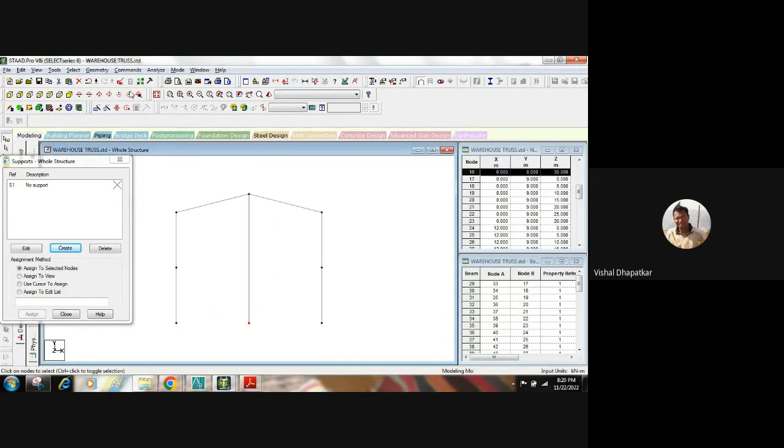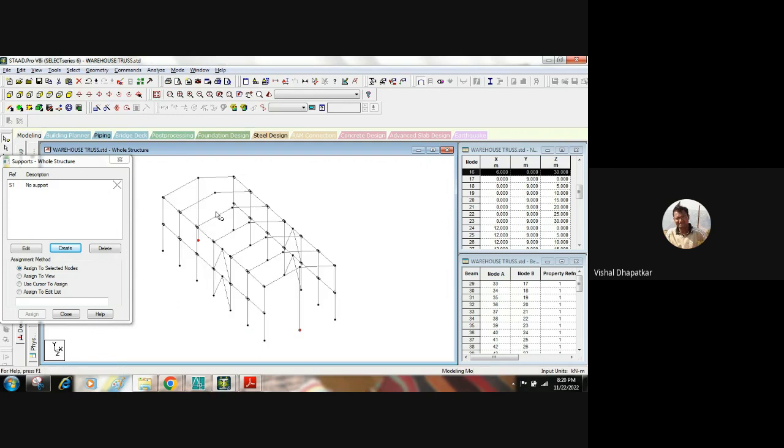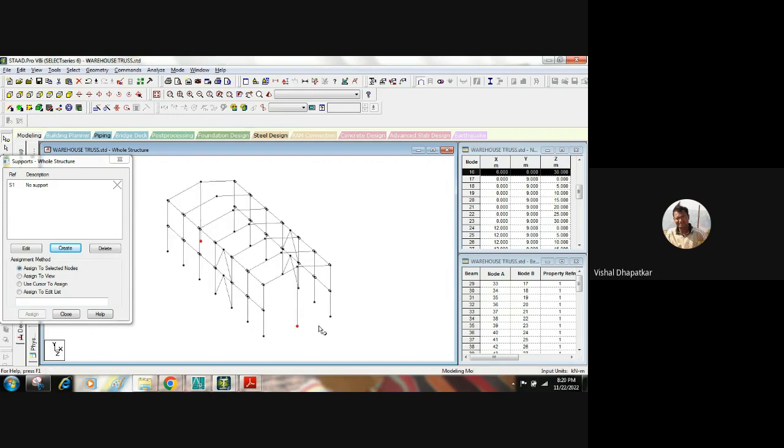And what about the gable end column, the central column? Will it be pin or fixed butt? It should be fixed butt, right?